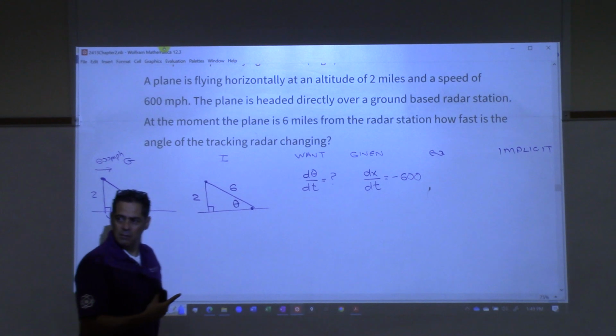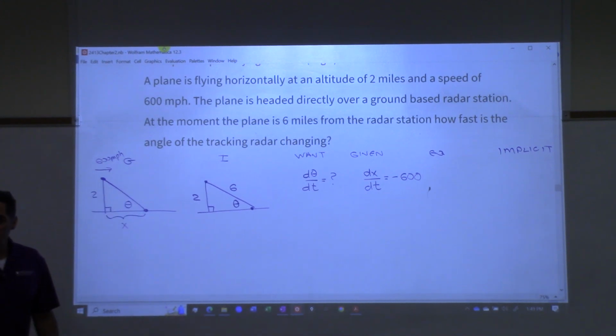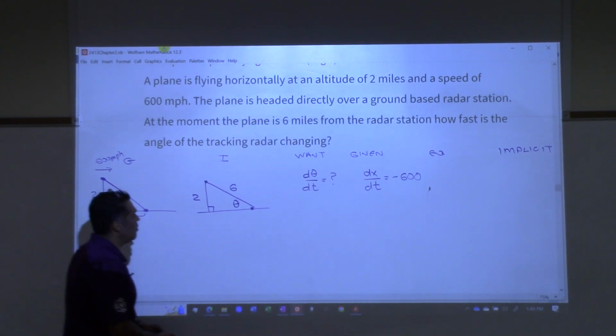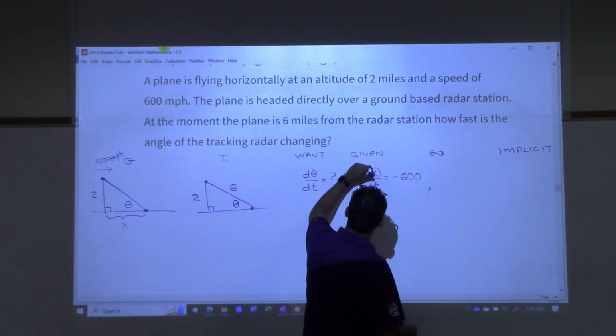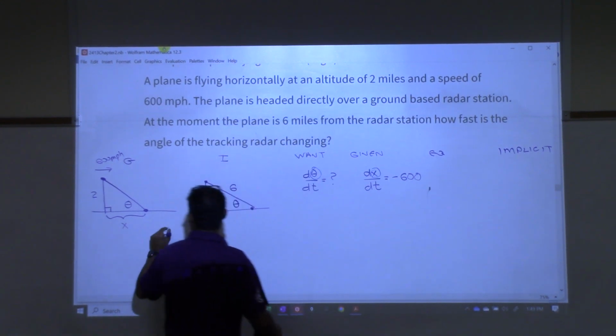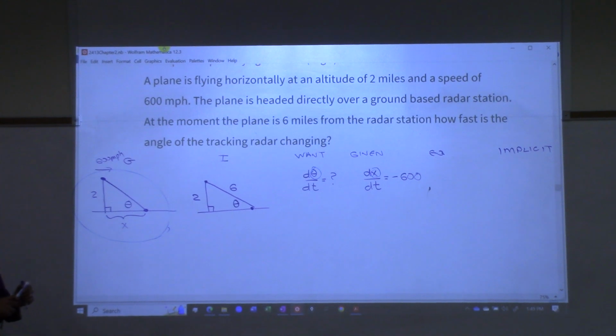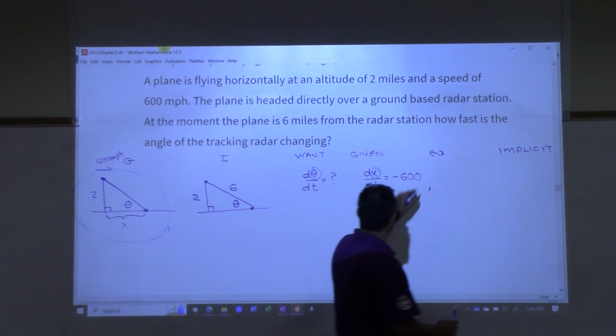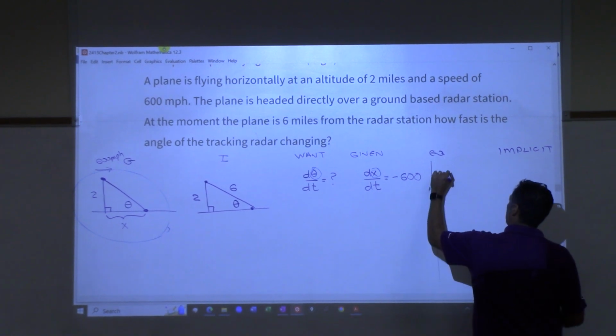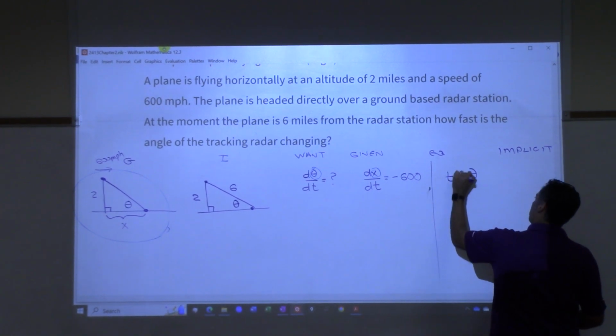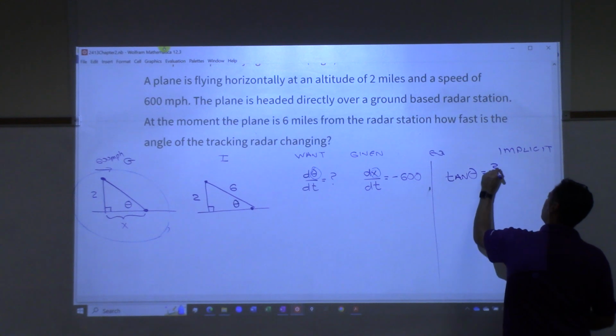That ring a bell? And then we came up with an equation. This was the part where we said, okay, we need to connect x and theta together off of this picture. And I think we used tangent, if you go back, right? After we talked about it a little bit, we decided the best equation for this would be tangent theta is 2 over x, right?